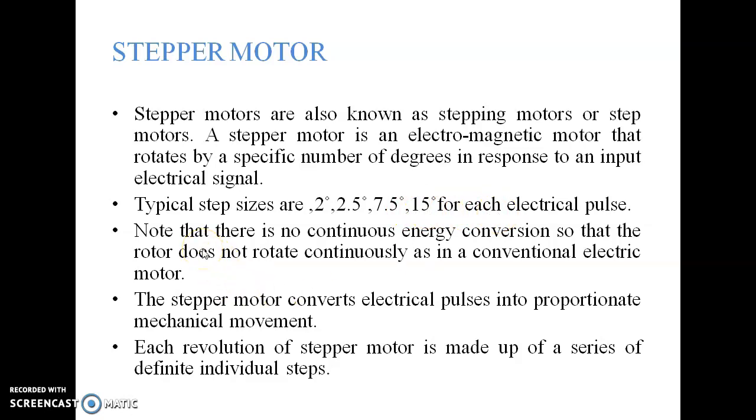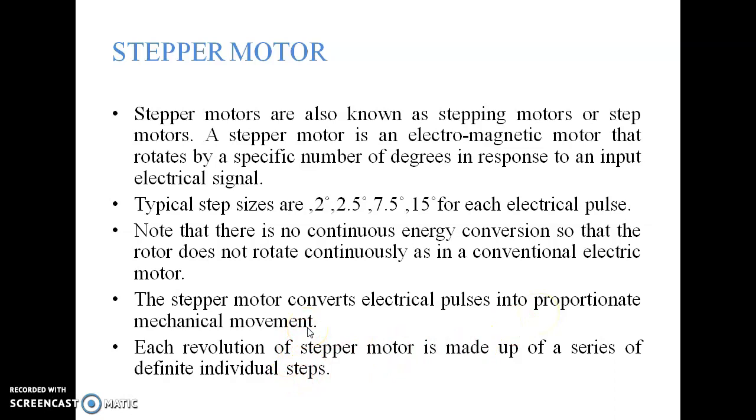We can note here that there is no continuous energy conversion, so the rotor does not rotate continuously as in a conventional electric motor. The stepper motor converts electrical pulses into proportionate mechanical movement.